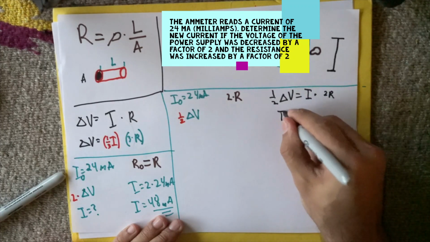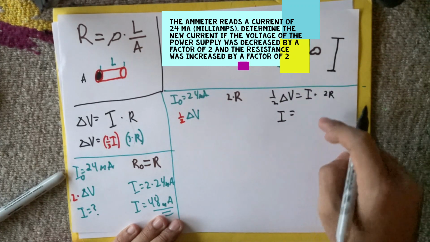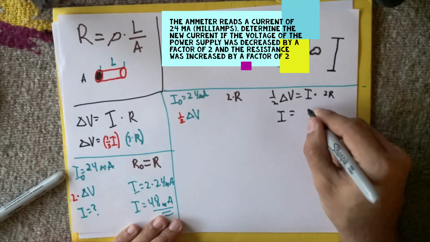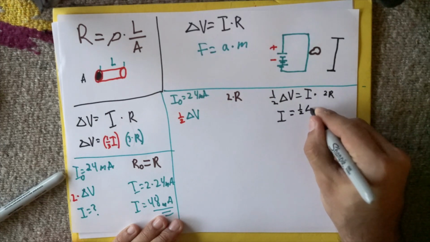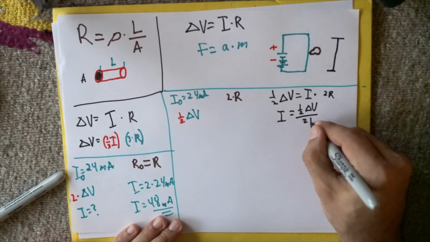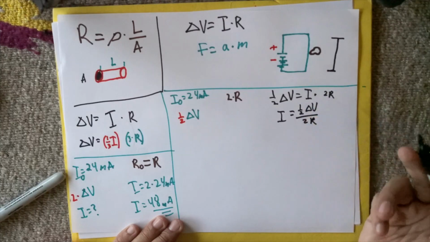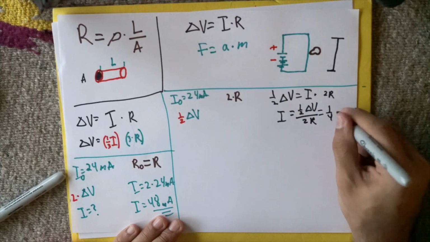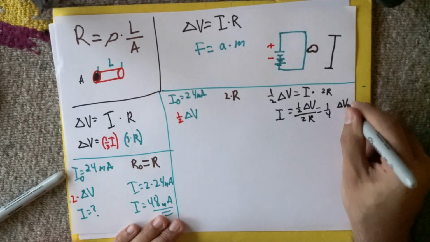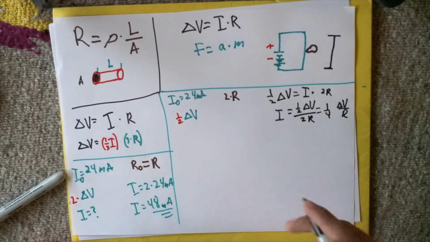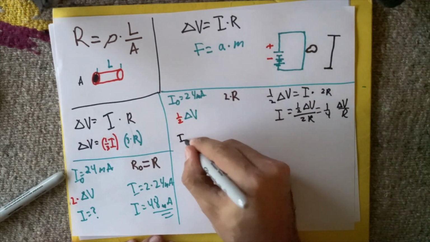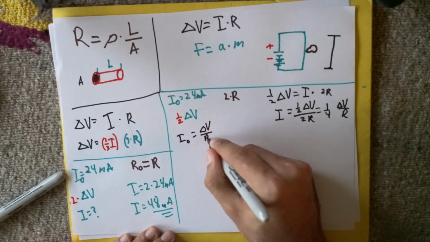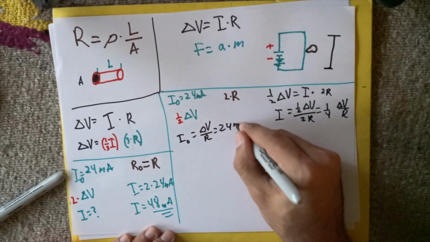So I'm going to have to bring this 2R to the other side. This means I will have 1/2 delta V divided by 2R, and if you know your algebra well, that should actually be 1/4 of delta V over R. Now, remember in this situation, the initial current is delta V over R, which is 24 milliamps.